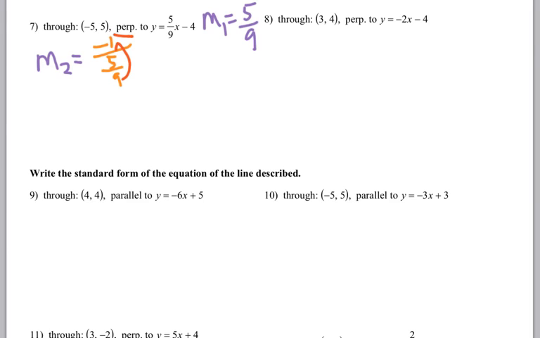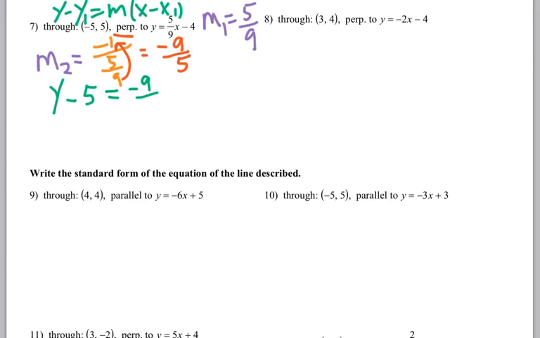So I jump, and I will get negative 9 over 5. So I plug into the formula, y minus y1 equals slope times x minus x1. So I have y minus 5 equals negative 9 over 5 times x plus 5. Here is your x1, y1.